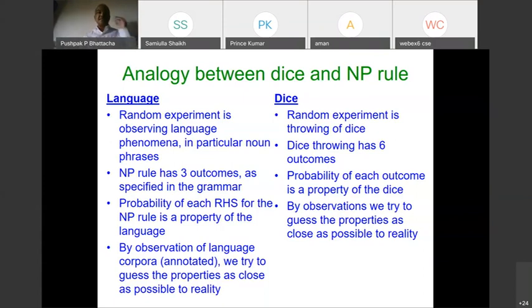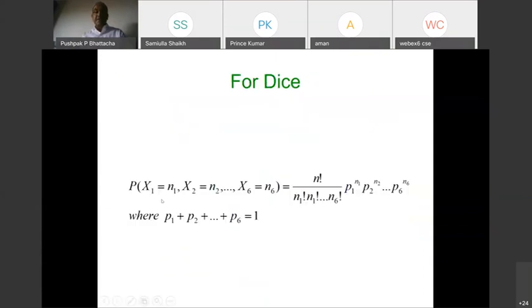This is a nice point. And the moment you see this, you can empower yourself with the instruments of probability. The instrument happens to be this: the probability of the number of times an outcome happens is captured by this probability expression. I'm sorry for the mistake.